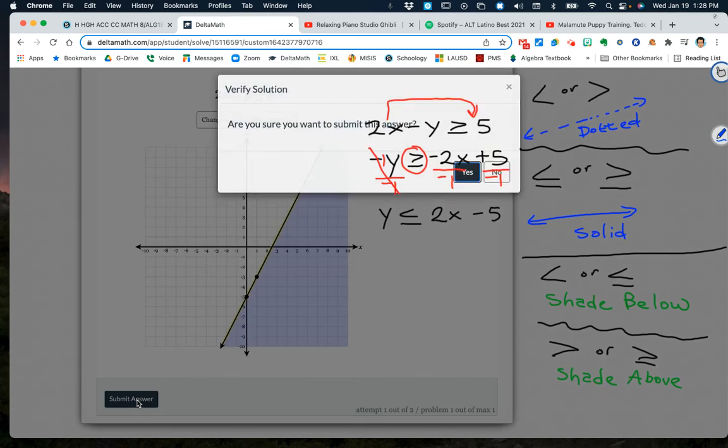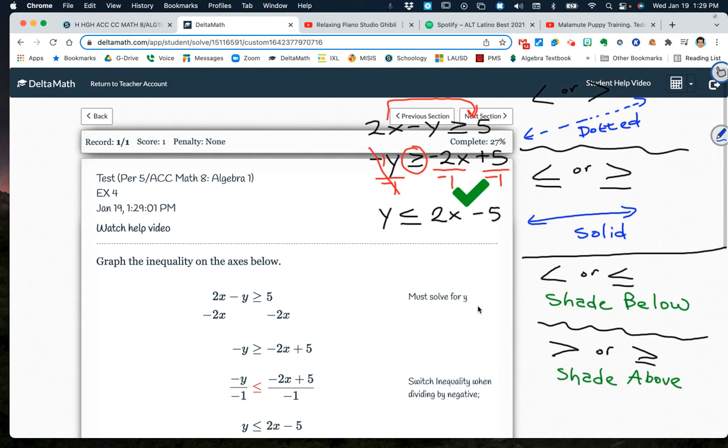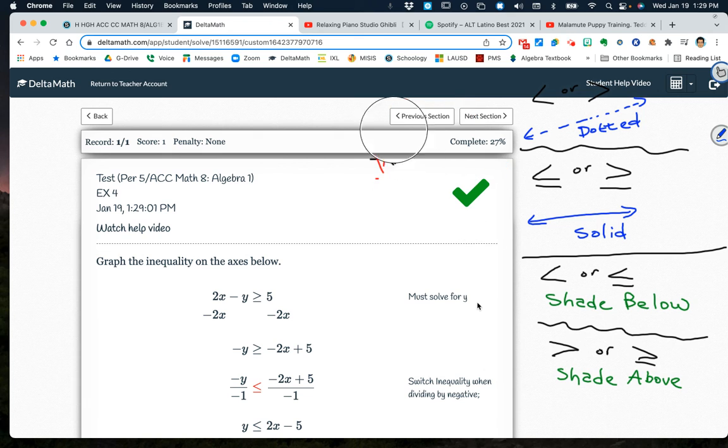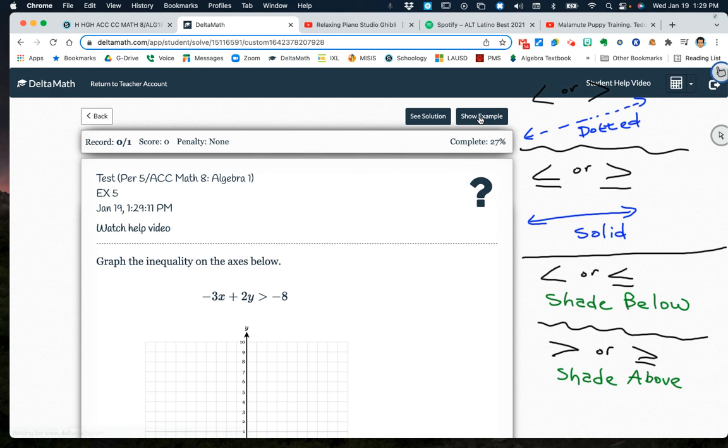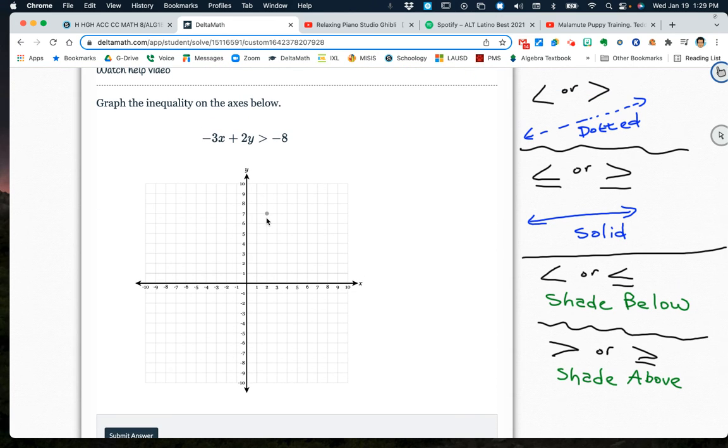Okay, last one. So this will be the last one. -3x plus 2y greater than -8.